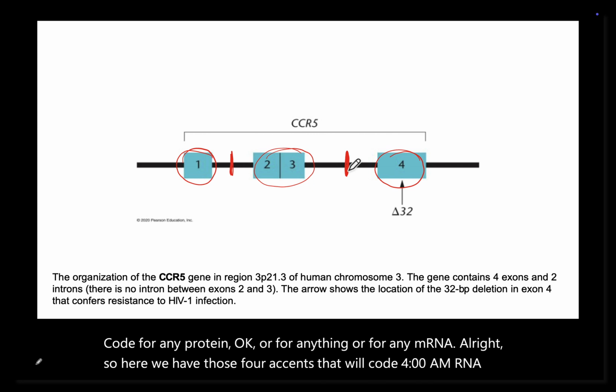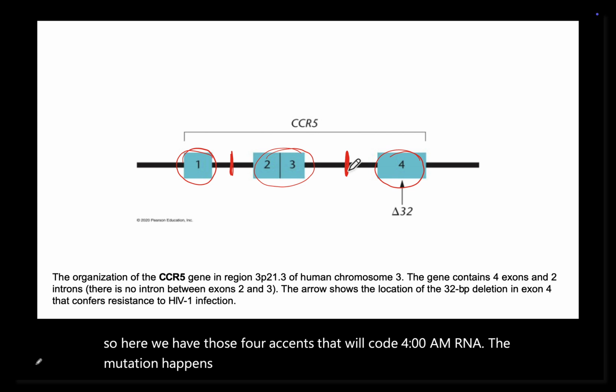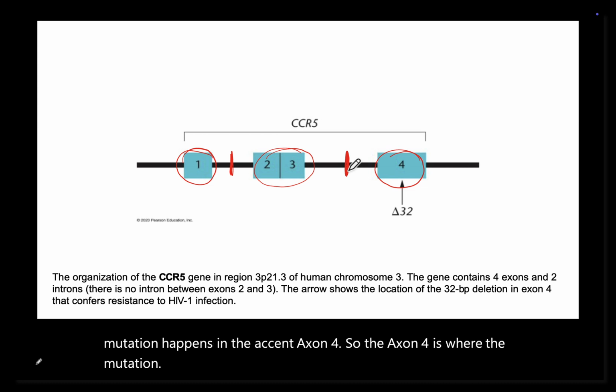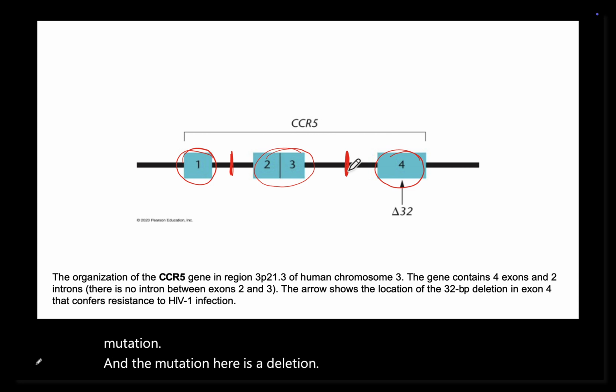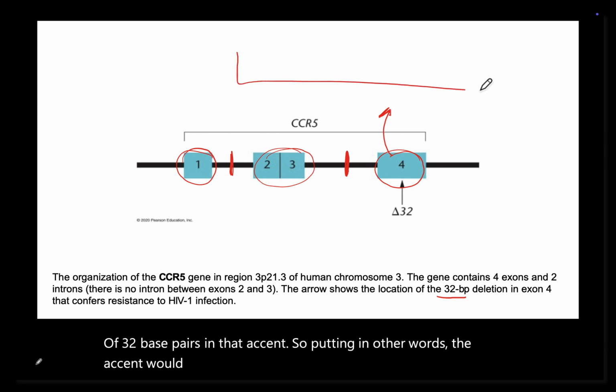The mutation happens in exon 4. So exon 4 is where the mutation happens. And the mutation here is a deletion of 32 base pairs in that exon. So putting it in other words, the exon would be represented by many letters, right?